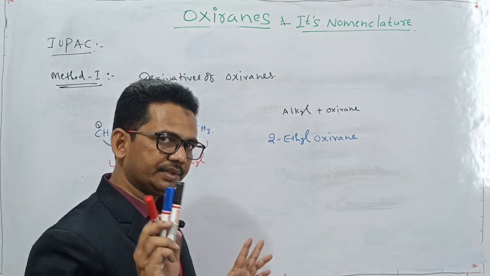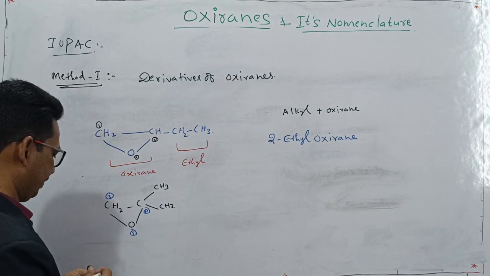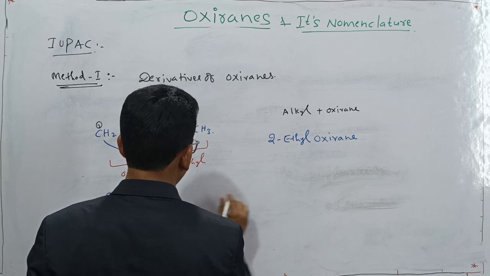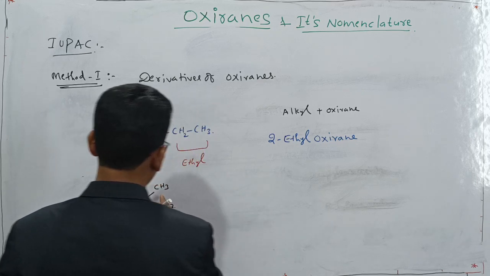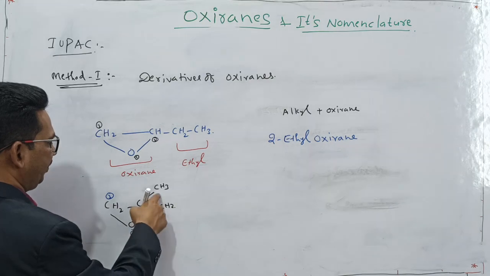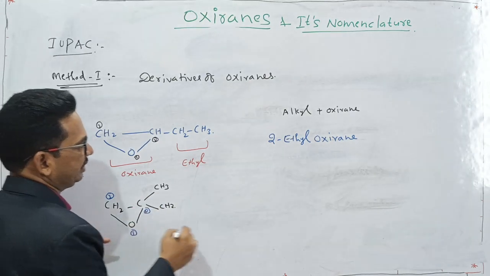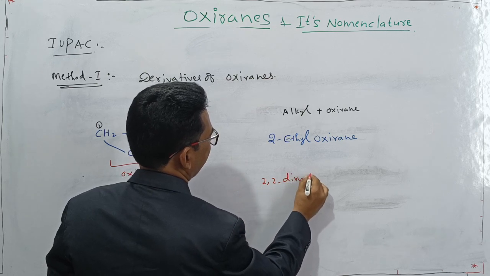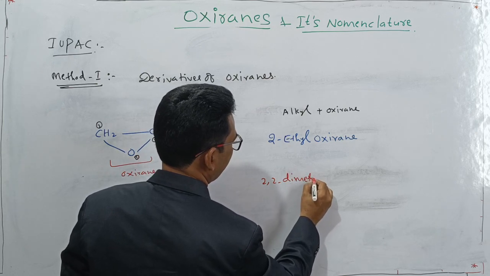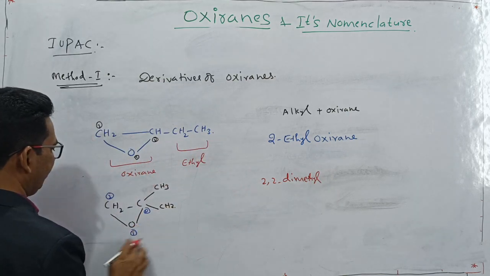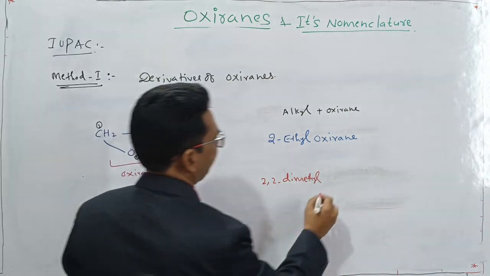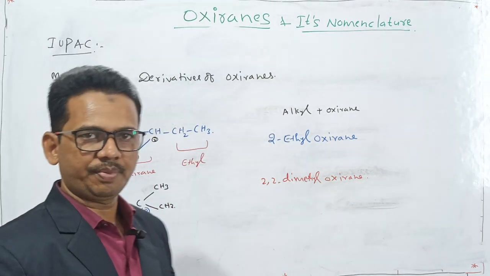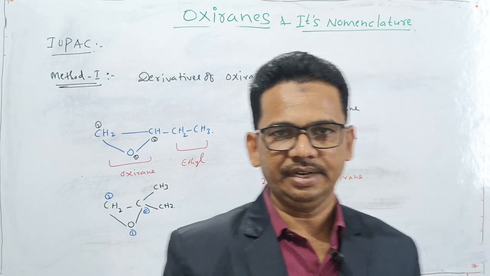Not the functional group, heteroatom, remember. Now see, what is at the second position? 2 methyl groups are there. That's why we call it dimethyl. Which position? Second position. 2,2-dimethyl, because 2 methyl groups are there. What is the basic name? Oxirane. Perfect. I hope you understand this one.